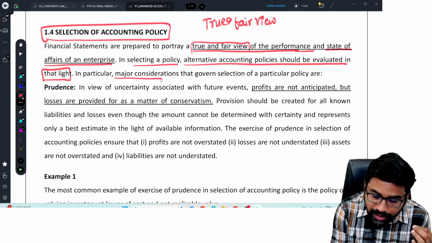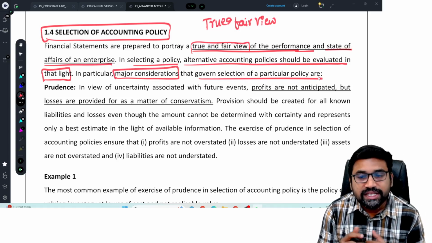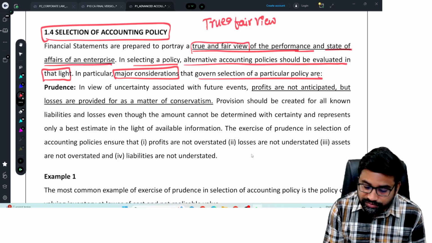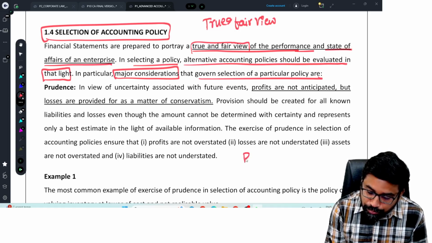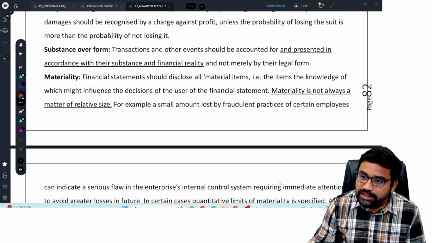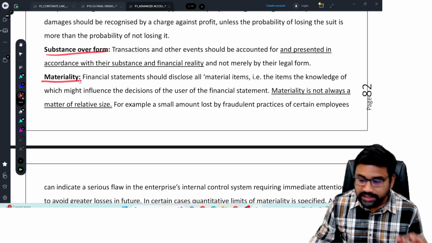Now, apart from this major consideration, there are some other considerations that govern the selection of accounting policies. First, for example, the prudence concept we should keep in mind. Next, substance over form. Next, materiality.